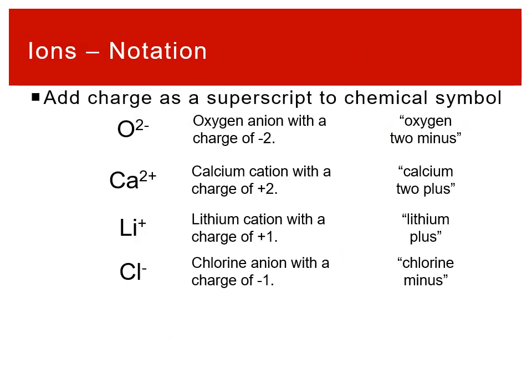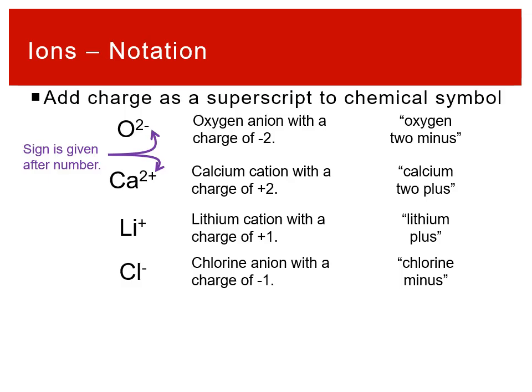So when we talk about ions, we can put that information onto our chemical symbol. We add it after the symbol as a superscript. Note that when we put the charge, the notation is we put the sign after the number.